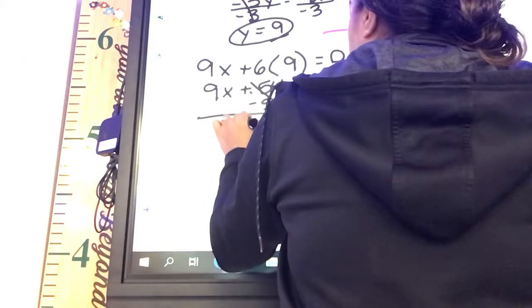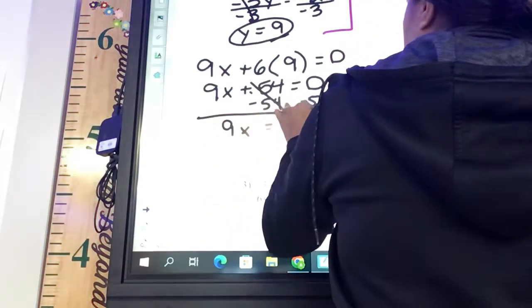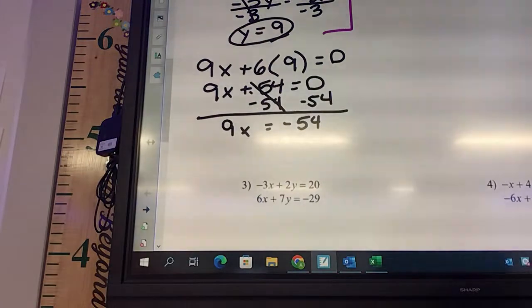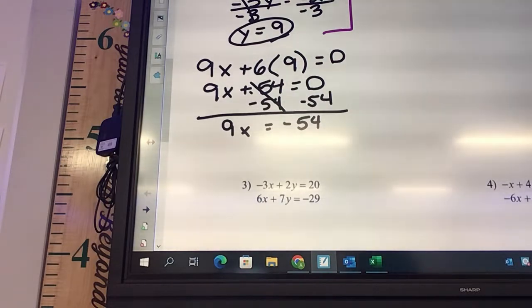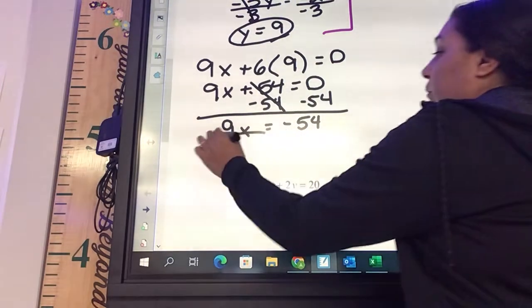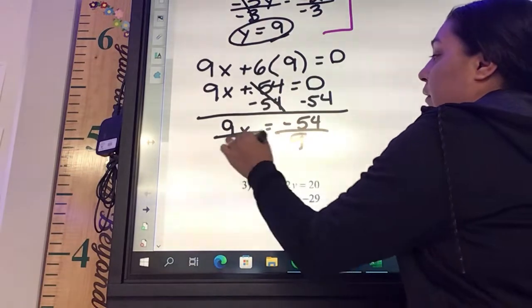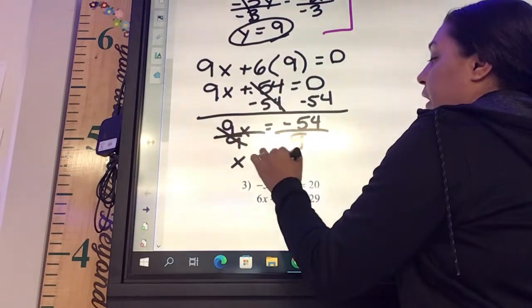So we got 9x equals negative 54. And then what? Divide by 9. Negative 6.